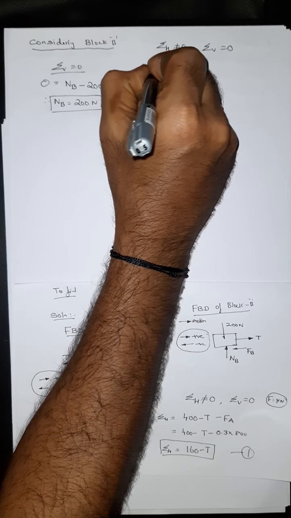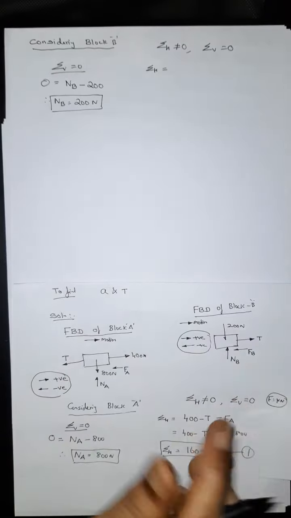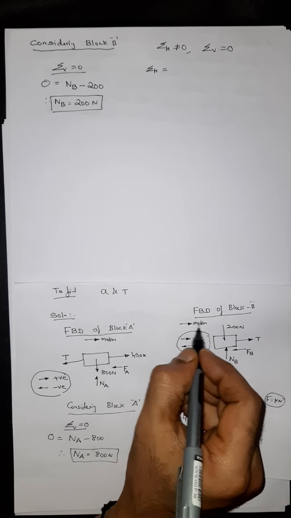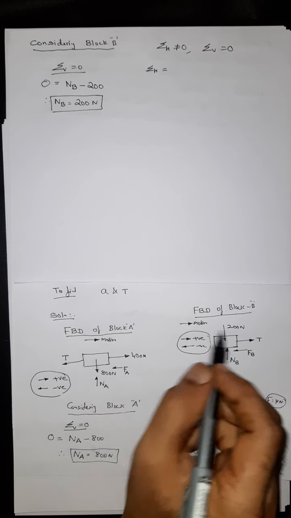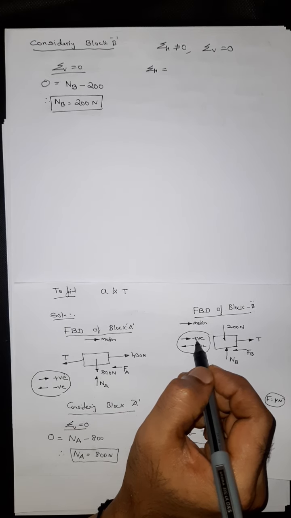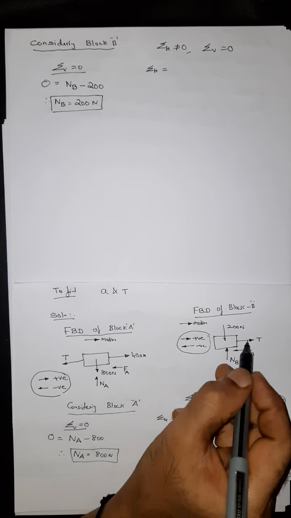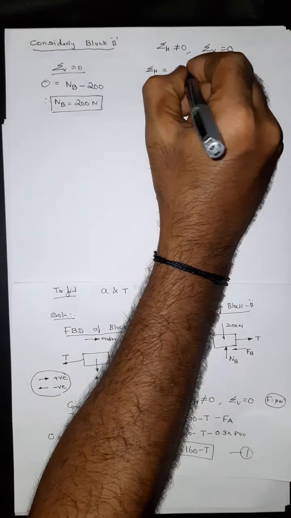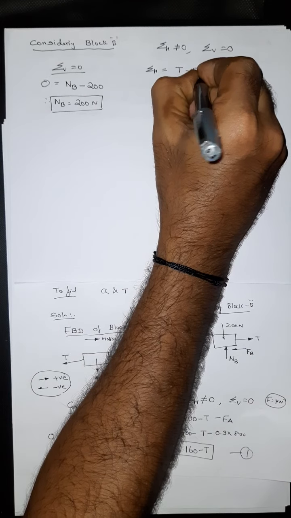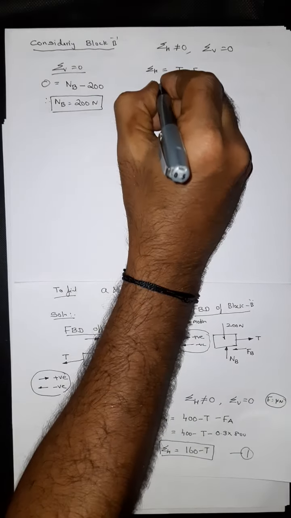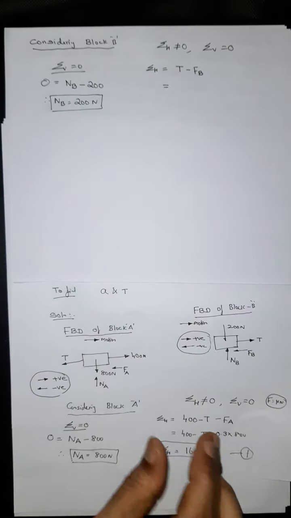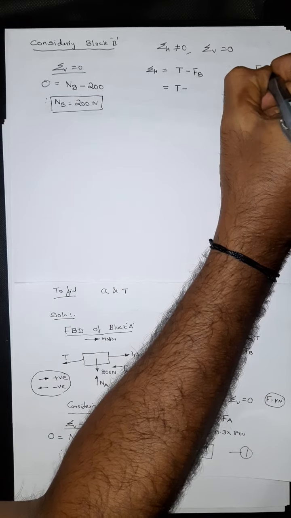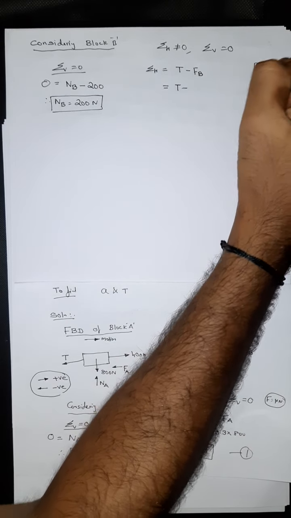Let me resolve the horizontal forces. Summation H equal to the motion on the right hand side, that is, which is acting on the right hand side, considered as positive, left hand side as negative. So T positive minus FB, that is T minus F, where F is equal to mu N, which we know.